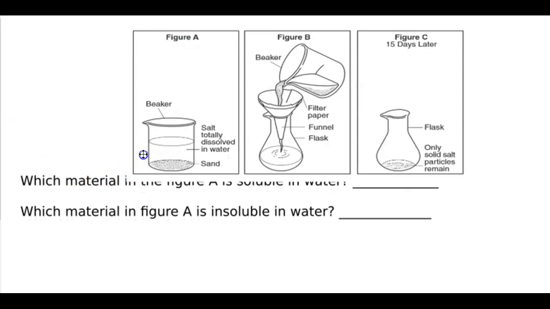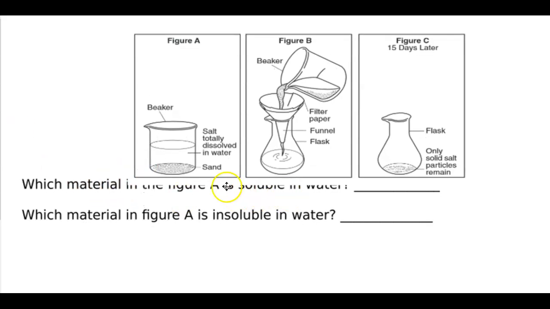Which material is soluble? Okay, so let's take a look. We have salt and sand and water. The soluble material is the salt. That means it can dissolve. Which is insoluble? The sand. You could mix it and make a suspension, but it will just settle out. What did they do next?